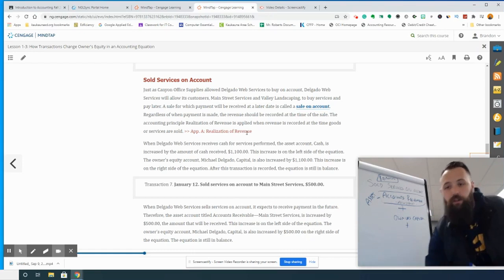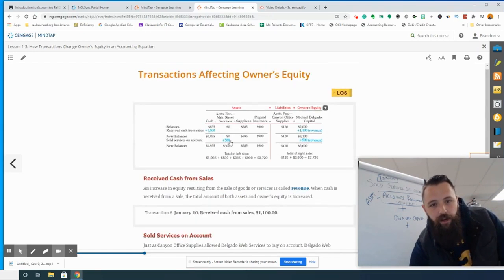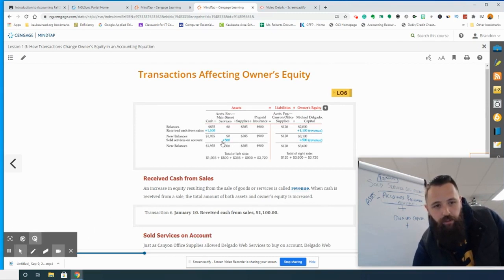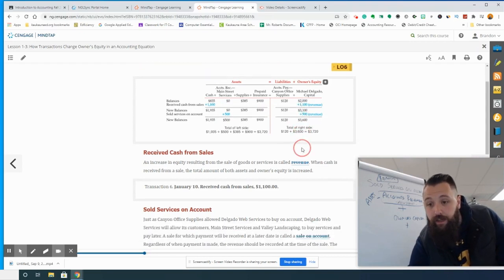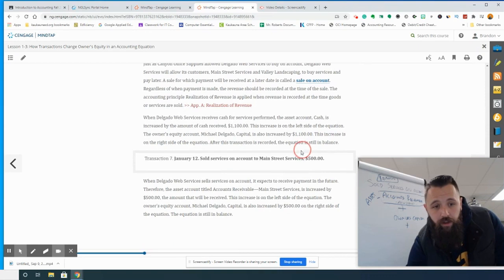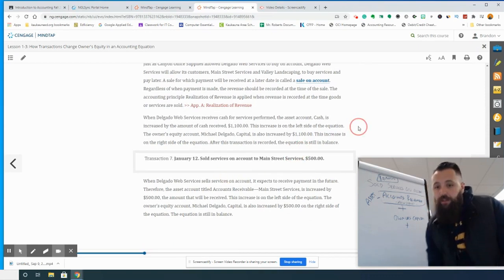If we look up to the very top, you can see the second part of this transaction says sold services on account, accounts receivable goes up 500, Michael Delgado's capital goes up 500, and it is a revenue. So there we go. That's our first two transactions. They're both revenues.